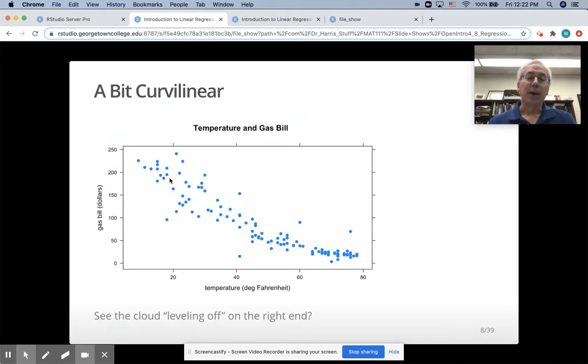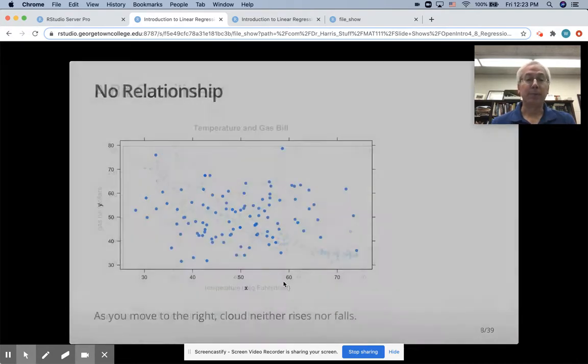There's definitely a negative association here, but it's not linear in the sense that the higher the temperature, the gas bill is going down at a slower and slower rate. Basically it's getting pretty close to zero. So definitely a relationship, but not linear.